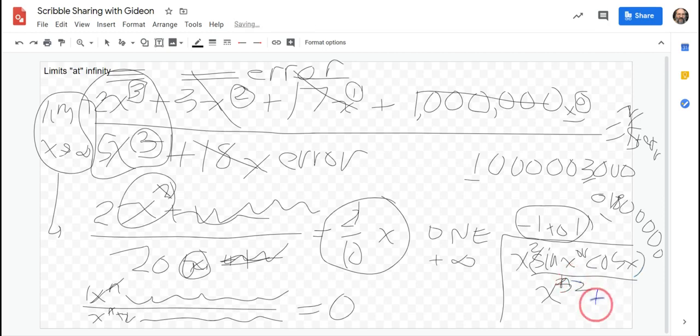The tough thing is when you have x squared and x squared, maybe with extra stuff that you have to cross out. You want to say, look, same degree, x squared and x squared. Yay, no problem, the answer is 1 because I'm supposed to cancel out the degree. But that's 1 for the polynomial part, and you still have sine of x or cosine of x times the 1.